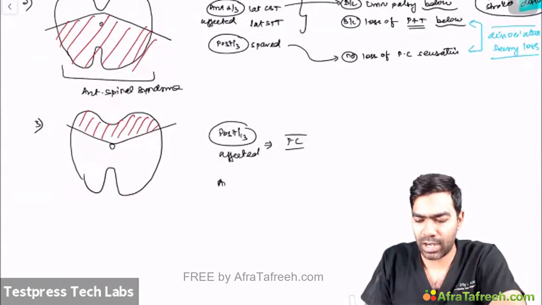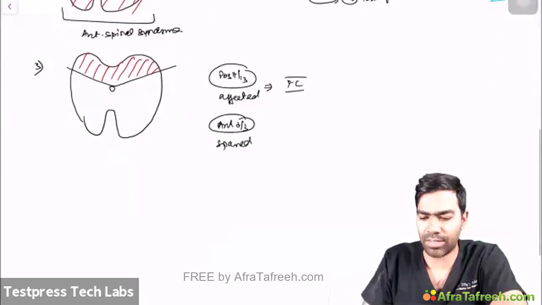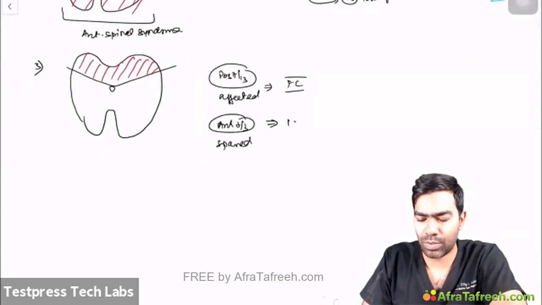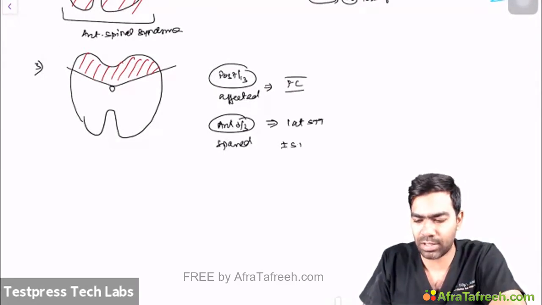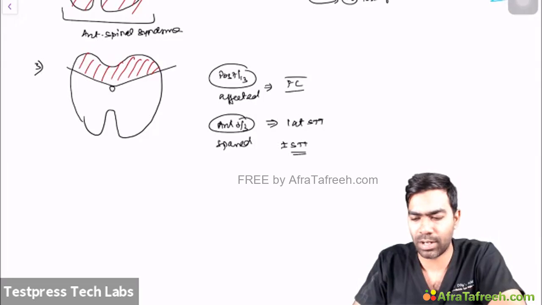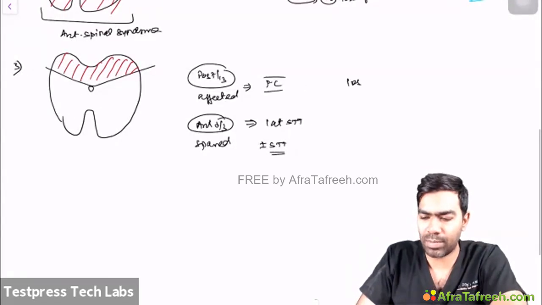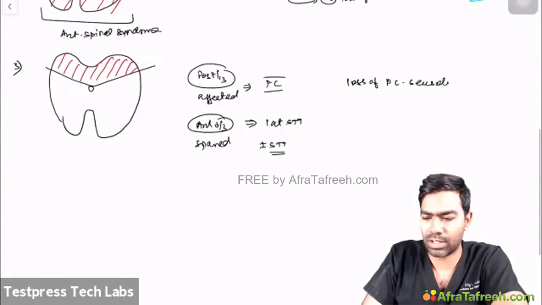But the anterior 2/3 is basically spared here. Depending on the type of the disease that is affecting this, usually the lateral spinothalamic tract is the one that is definitely spared, plus or minus the spinothalamic tract can also be spared. So in this setting, definitely there will be loss of posterior column sensations below the level of the lesion.